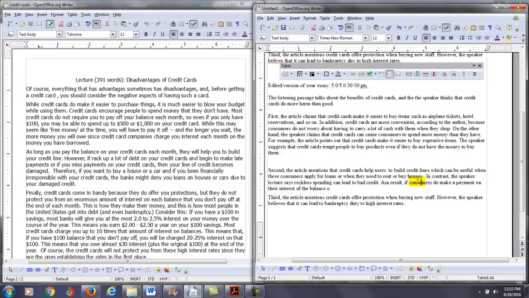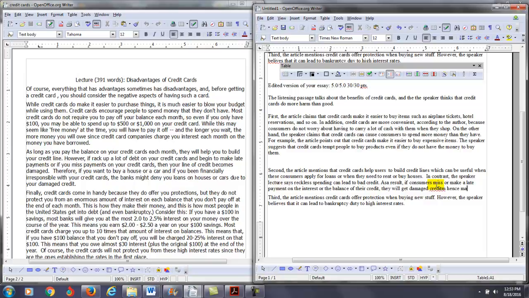So as a result, if consumers do not make a payment on the interest or the balance, maybe if consumers maybe, how about miss, this is even better, miss or make a late payment on the interest or the balance of their credit cards, they will receive or they will get damaged credit.